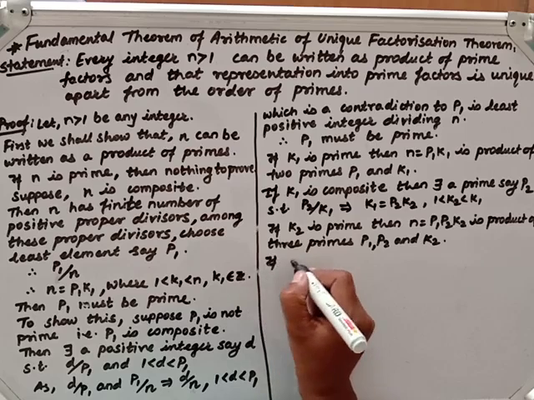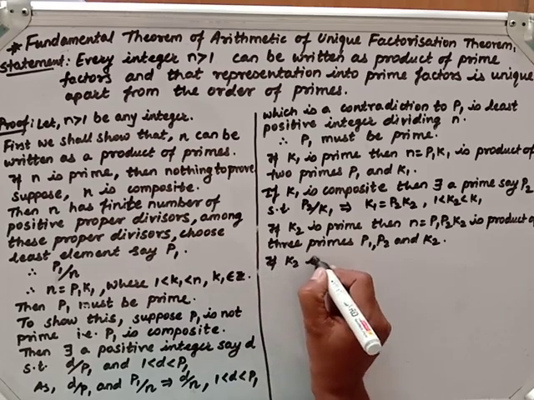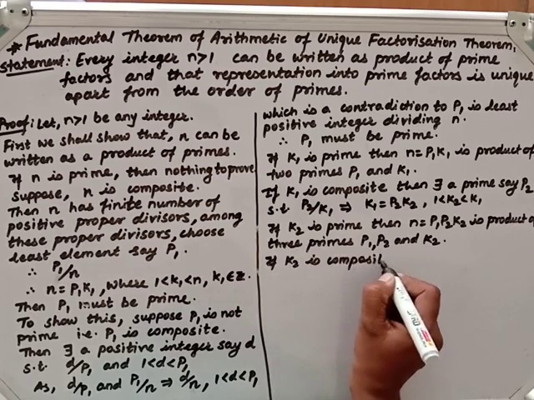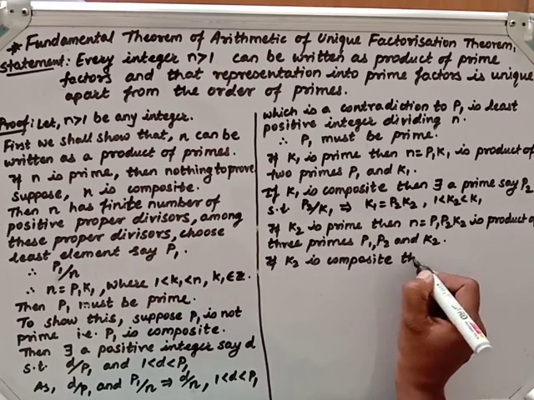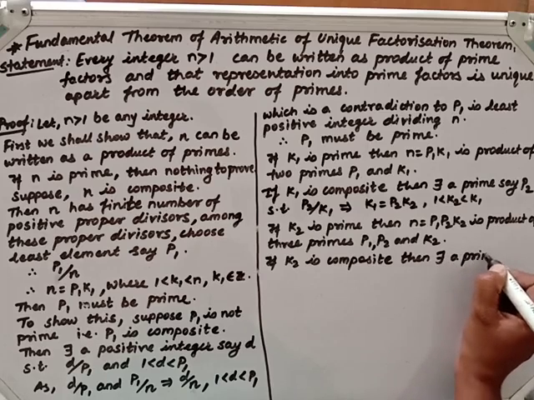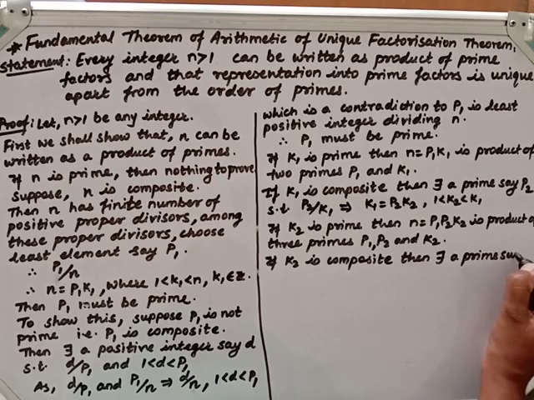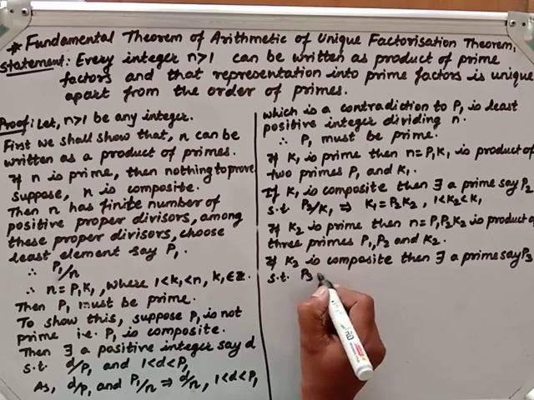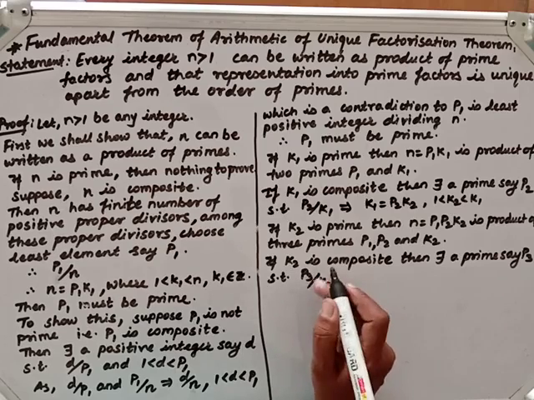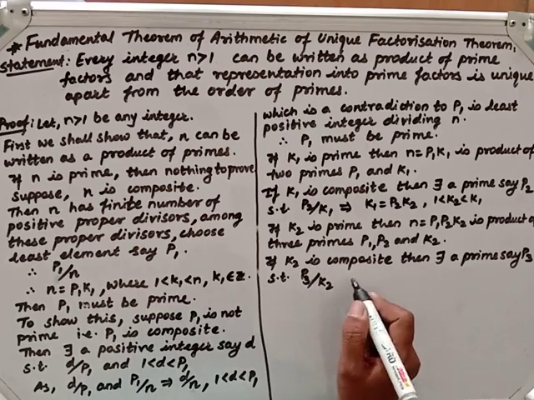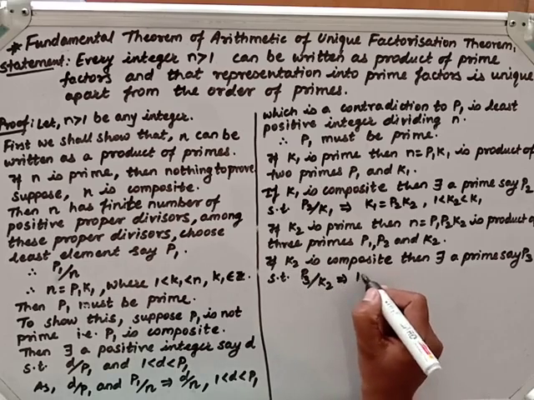If K2 is composite, then there exists a prime, say P3, such that P3 divides K2.